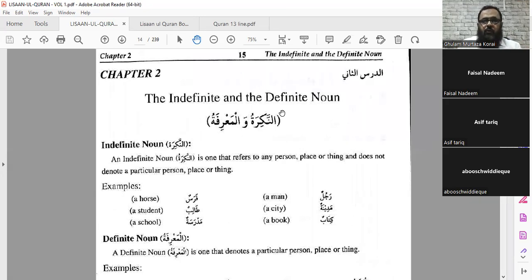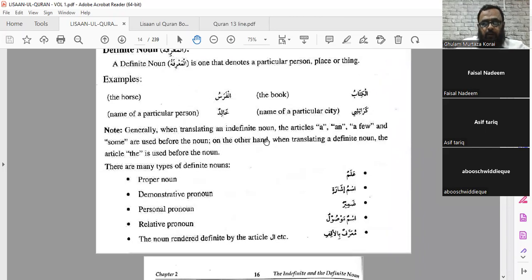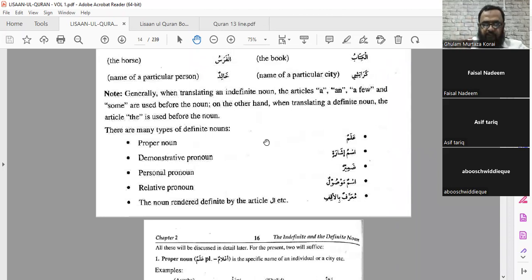Then I told you about the types of proper noun, and I will emphasize that you are supposed to remember the terminology in Arabic. Like alamun: alam means a name of a person, like Murtaza, Khalid, Aishatu, or the name of a place, Pakistan, India, Indonesia, Saudi Arabia, America, England.